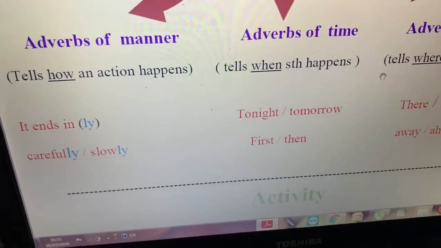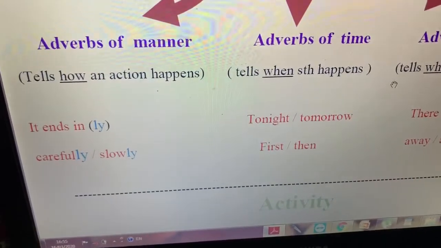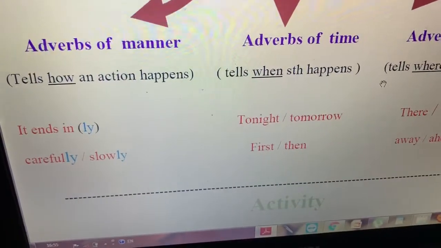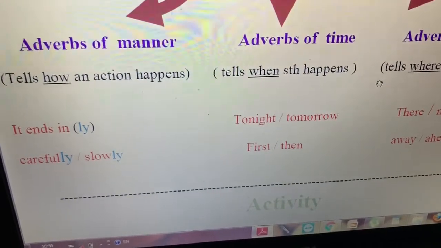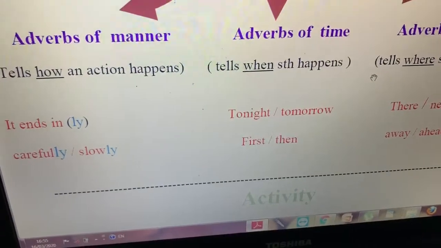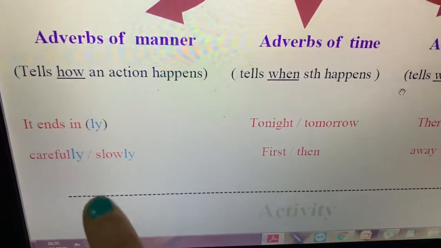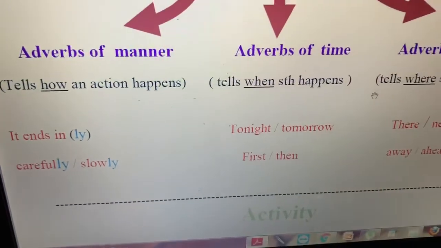We notice that the word nice, when it came after the verb, we added to it ly, okay, to become an adverb. Okay, like carefully, slowly, nicely, safely.